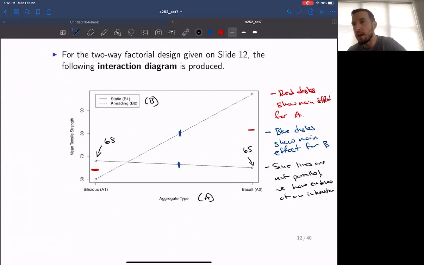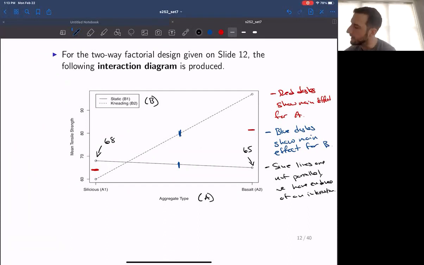From the interaction diagram, we can work out whether there is a main effect, which is a difference in the averages when you compare the levels of each explanatory factor, and whether there's an interaction effect, which results from a specific treatment combination changing the direction of the system of means.